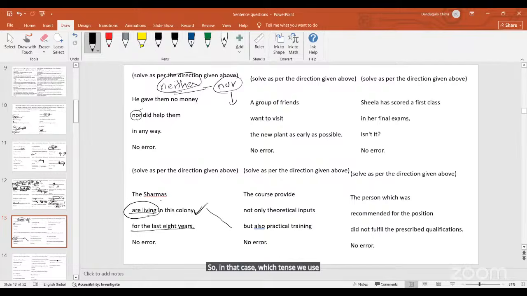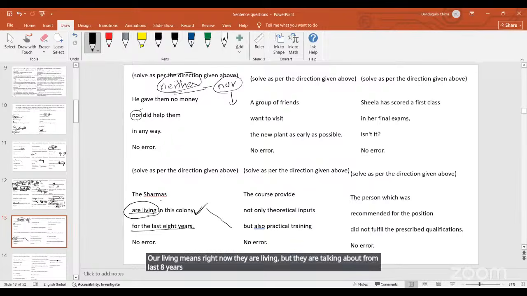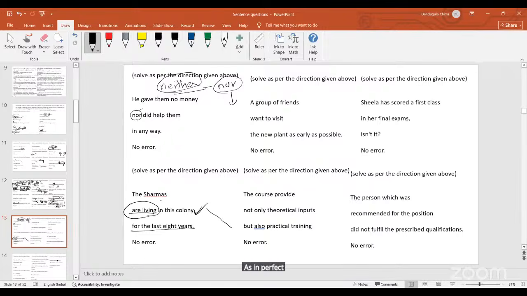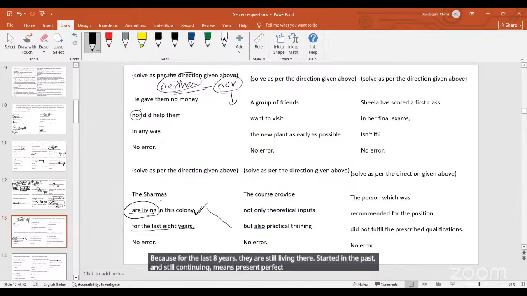Are living means right now they are living, but they are talking about from the last 8 years. Like they started in the past, present perfect continuous tense. Now tell me. The Sharmas has been living in this colony for the last 8 years. Yes. Has been. Yeah, been is very important to use because for the last 8 years they are still living there. Started in the past and still continuing means present perfect continuous.